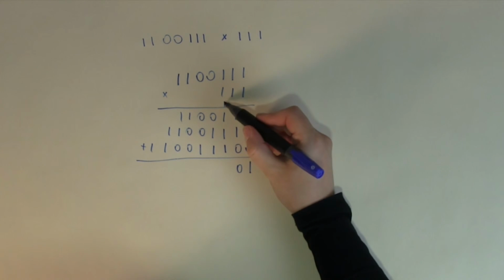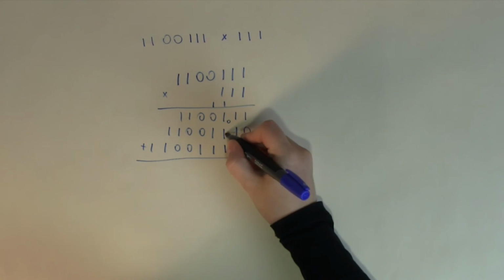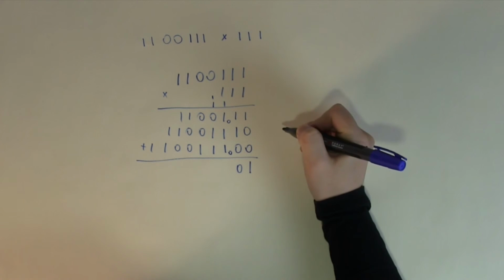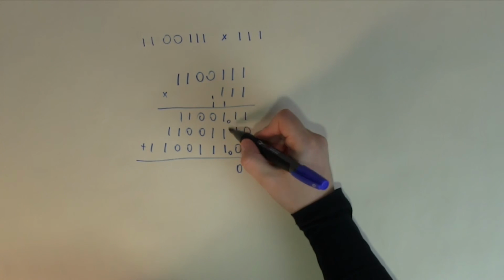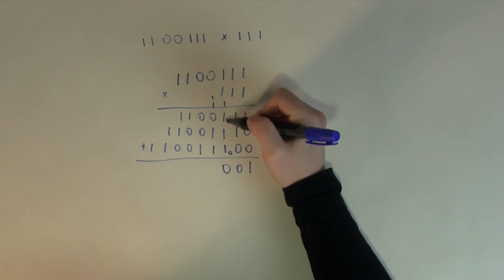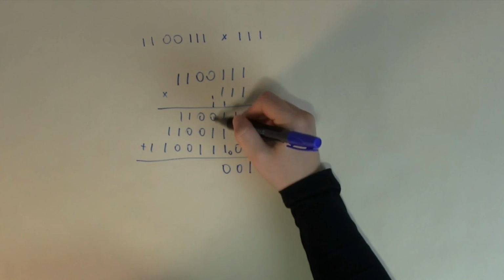Now, these two give me 0, carry the 1, and these two give me another 0 and carry 1 more. So the 2 zeros give me 0, and this way I was able to record the carries separately. The same situation goes in this column.